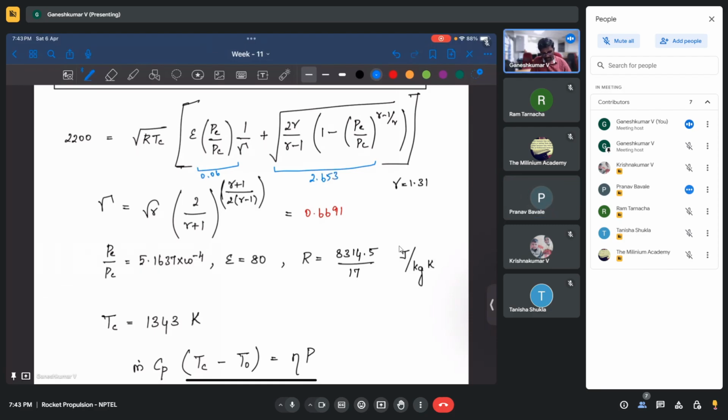The first part would be 0.06, something like that, right? 80 into 5.1637 into 10 power minus 4. My answer varies, I think, because I directly substituted the values. I didn't individually calculate anything. How much did you get? It was something like 1123 or 1122.